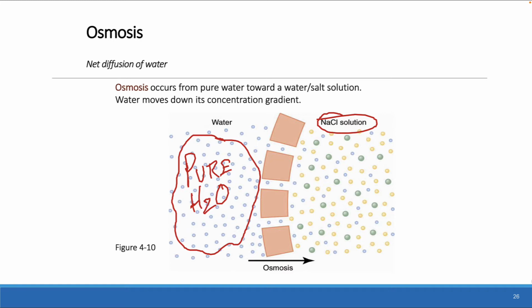What's going to happen here is that the osmotic pressure, the gradient between these two things, which is across this membrane, is going to force the water into this electrolyte solution to try to dilute the solution. Remember, it's the water that moves. And so this pure water is going to try to move over and dilute the sodium chloride solution in such a way that it will bring them to equilibrium. They'll be the same concentration on both sides.